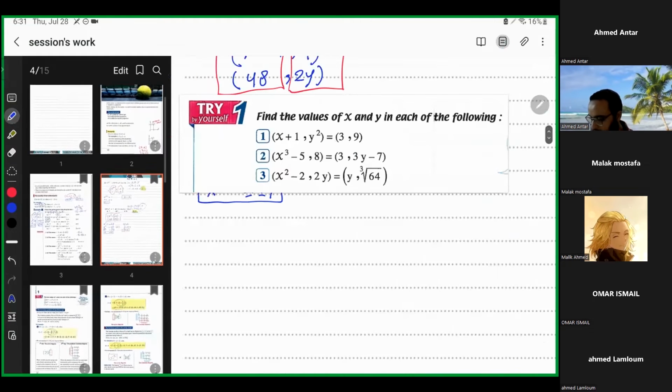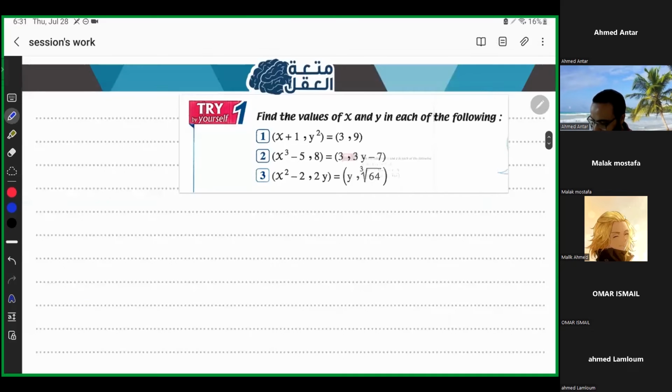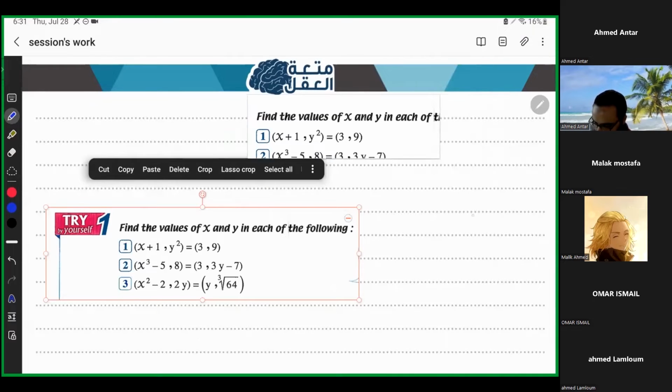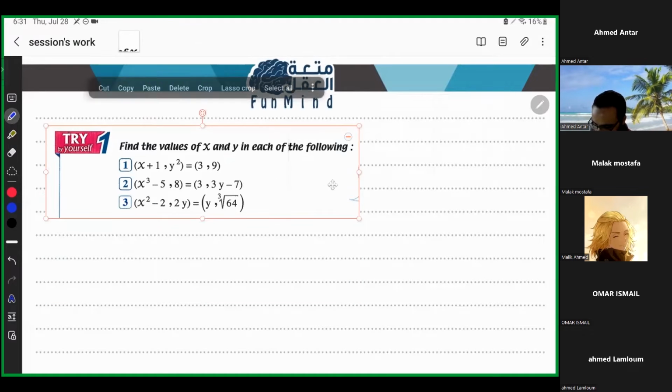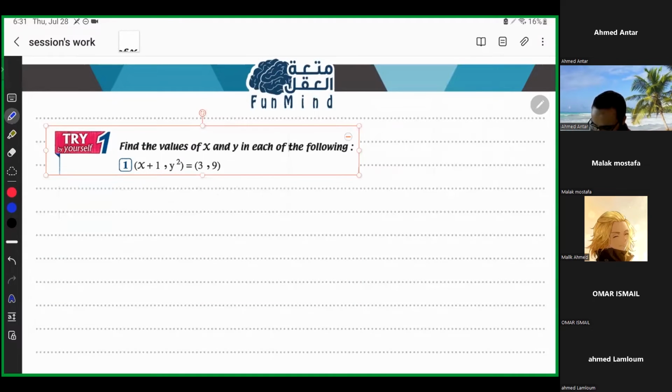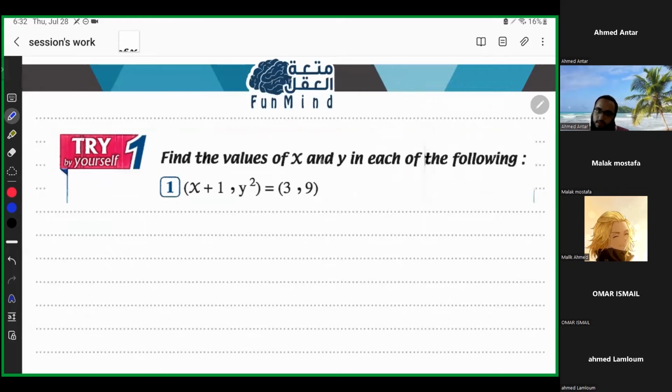The x equals what and the y equals what. And then we will solve it together.